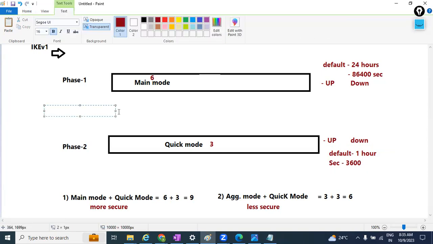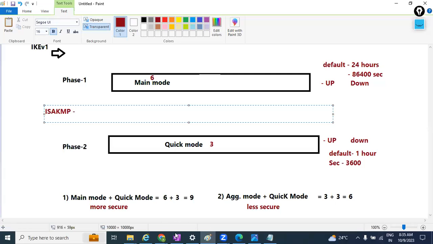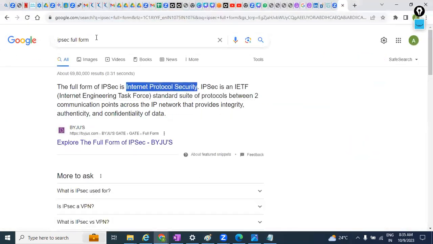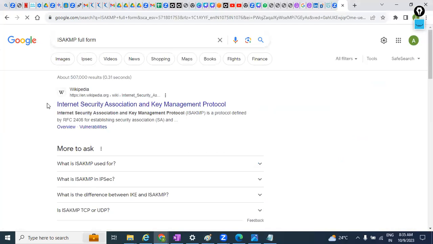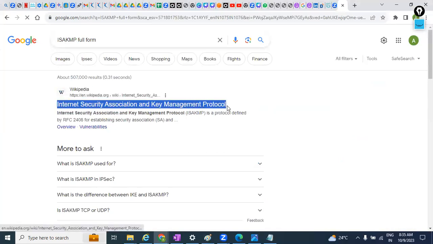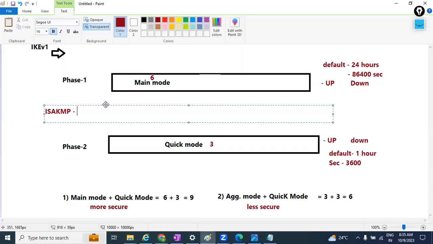When we exchange these 9 messages, there would be one default protocol, that is ISAKMP, Internet Security Association and Key Management Protocol.